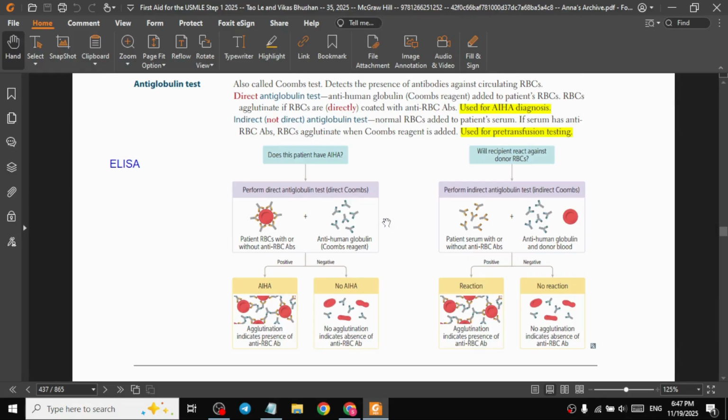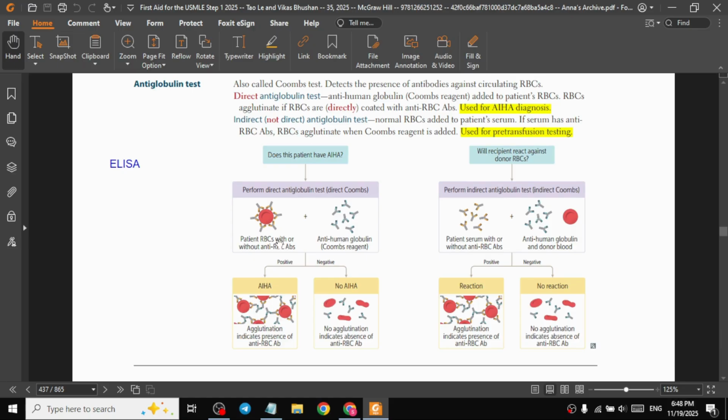In direct Coombs, you're testing for something that is bound, so the RBCs are bound to the antibodies. When you look at indirect testing, there are no bound antibodies. They're free floating in the serum, in the plasma. So the difference between direct and indirect is that direct is bound antigens and antibodies, while indirect is free floating antibodies.